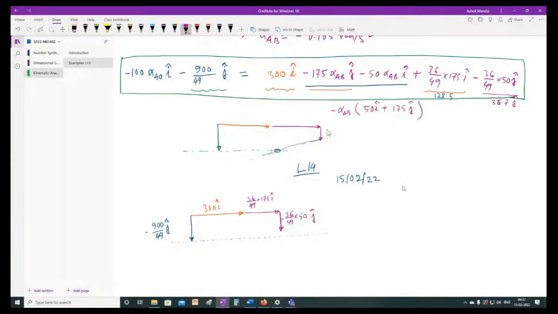One thing you see, it is an equation of a straight line, right? 50 points you go in the I direction, and 175 you go in the J direction. And if you take the negative sign, let us say we have 50 distance, you go this side, and then 175.